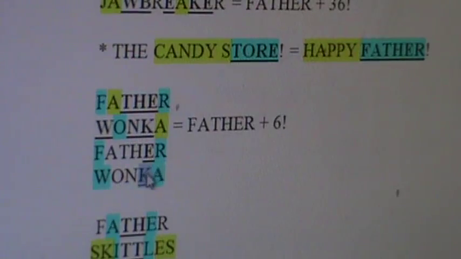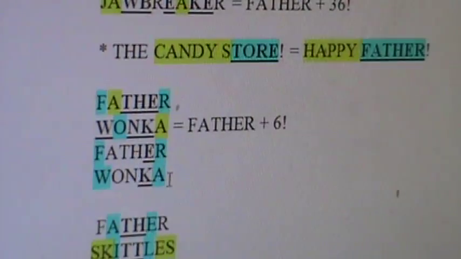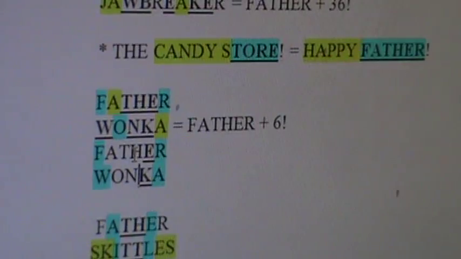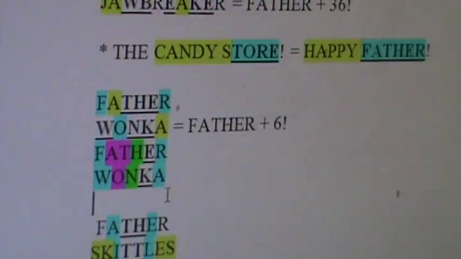An E and a K differs by exactly 6 points. And then an H and an N also differs by 6 points. In both cases, the top team is 6 less. Let's put this in green, whatever. And then an A and a T is 21, is 6 points higher than an O. I just solved Wonka for father.